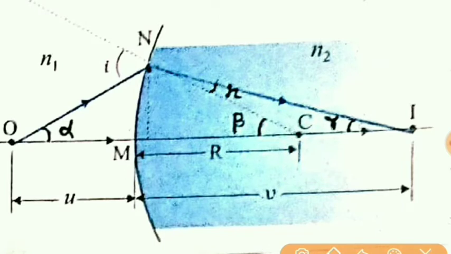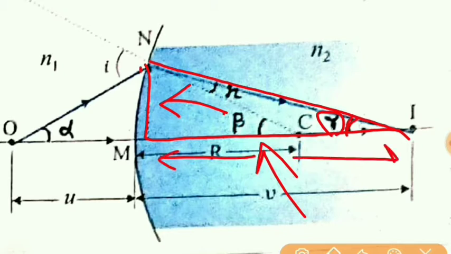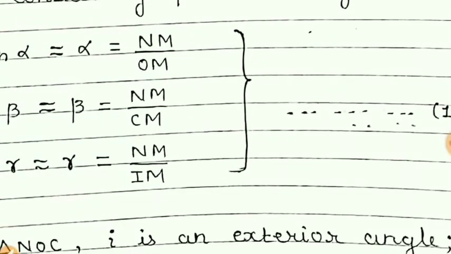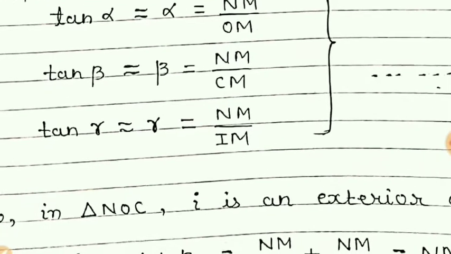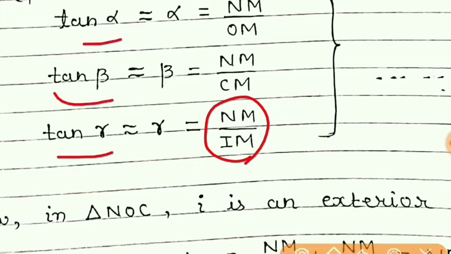For this gamma, again a right angle triangle is formed. So with respect to this angle, tan gamma is opposite upon adjacent, that is NM upon IM, from I to M. So NM upon IM. So students, I hope you understood about these angles from the figure.